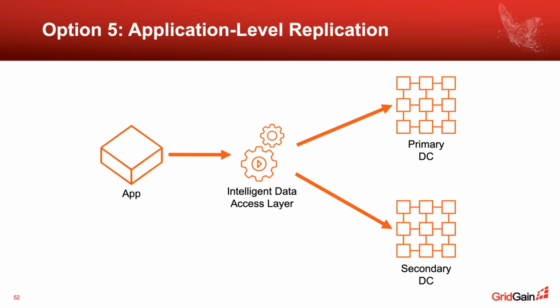So normally this layer would allow you to write to both data centers at the same time synchronously, and in case one of them becomes unavailable, it just falls back to working with the remaining data center only.